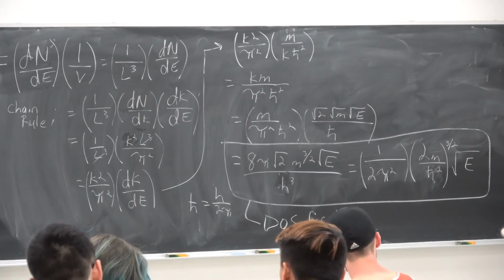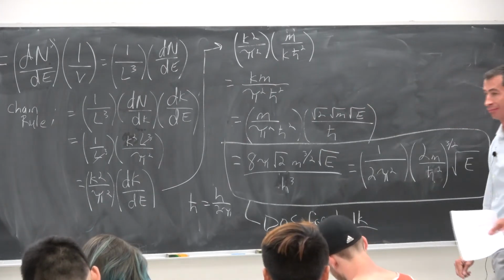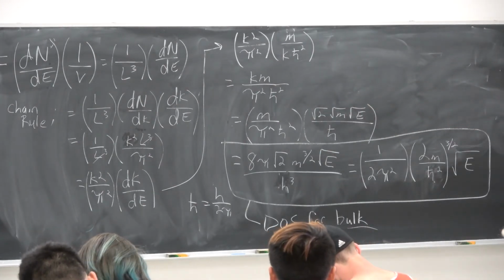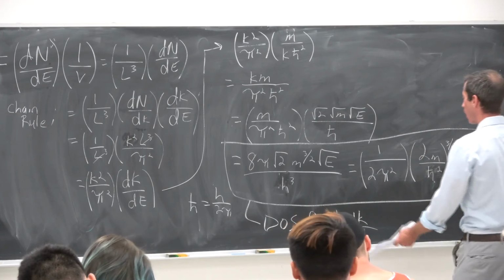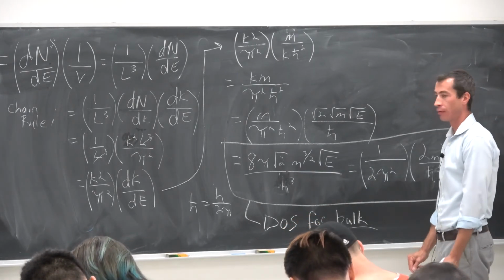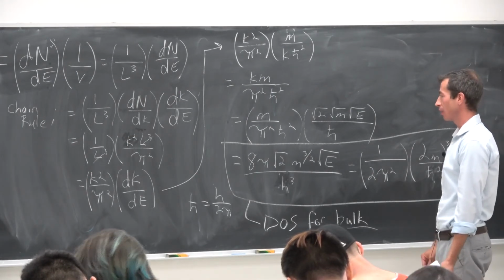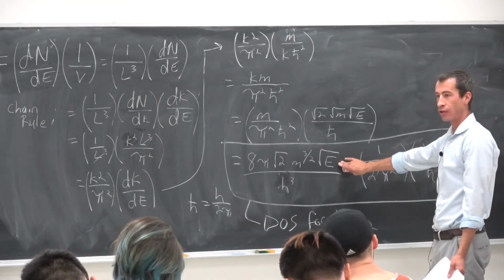Okay, so what does it depend on? Not a lot, right? It depends on the mass of an electron, which, we'll see in a minute, actually changes more than you'd think in these systems, and the energy.